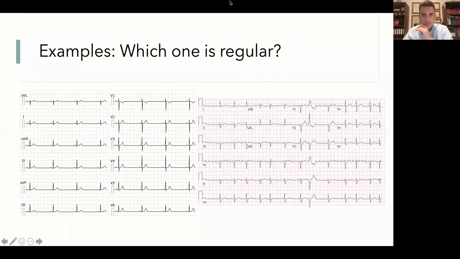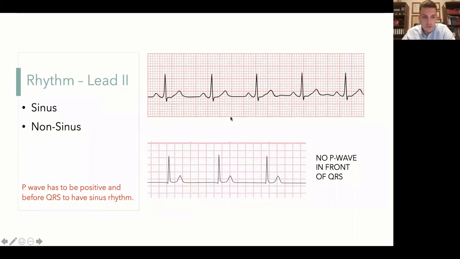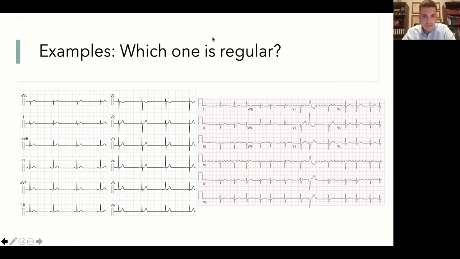Okay, so let's go through this again together. We said that one of them is regular. Regular will mean that the distance from R to R will actually be stable. So in those two, which do you think is actually the stable one?